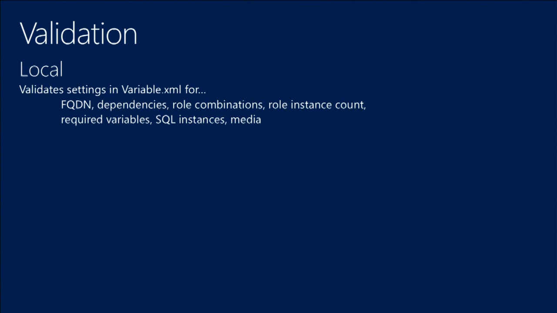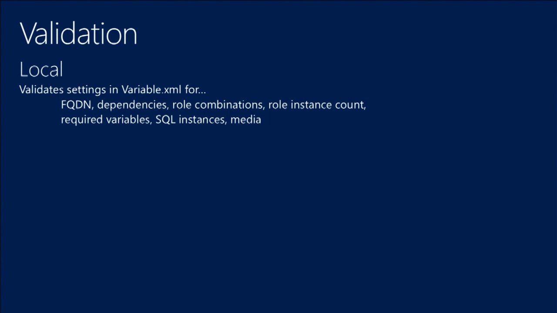So what we did is add a whole lot of pre-installation validation to make sure what you've put in that file should work. It's not 100%, but most things that we know can cause this to fail get blocked by validation. There are 3 steps to validation. Local only checks that the contents of the file are correct. Check that for every role you've specified, if that role has a dependency, you've also specified the dependency.